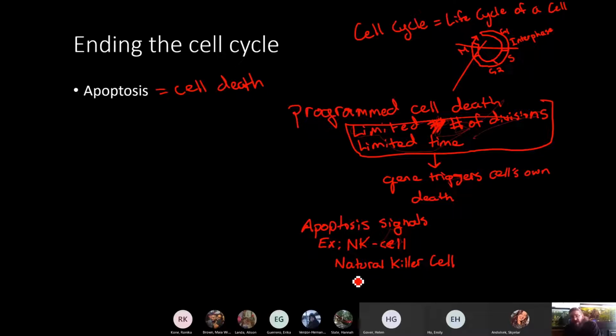The natural killer cell, the NK cell, releases apoptosis signals to cause your body's cells to kill themselves. So this releases signals and kills cells.